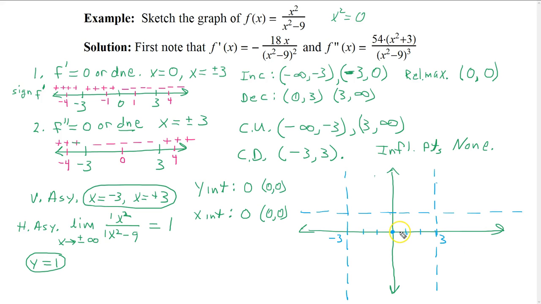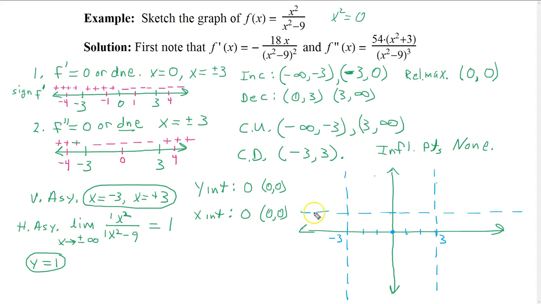Now we can start sketching the graph of our function. Oh, notice the x and y-intercepts are 0, 0, and we already have that point there. That's actually a relative maximum. So now, let's see. If we go from negative infinity to -3, our function has to be increasing as we get towards -3 and concave up.